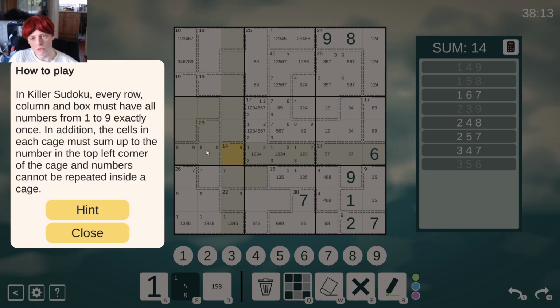Now there are cages as well, like this 23 cage. So all the numbers in there have to add up to 23, and you can't have a repeated digit within those numbers. And those are the special rules of killer Sudoku, and they can be quite challenging.